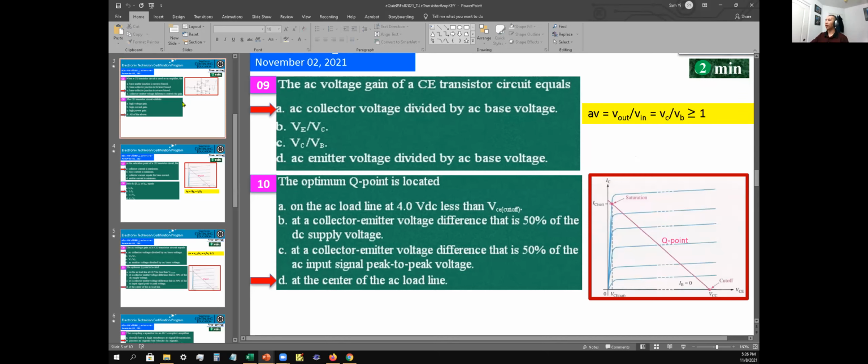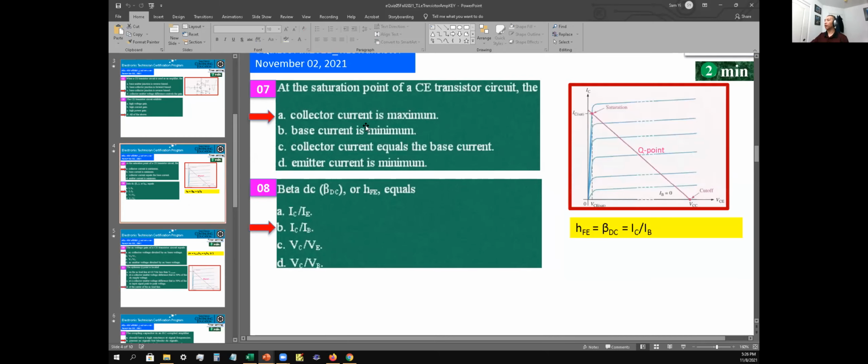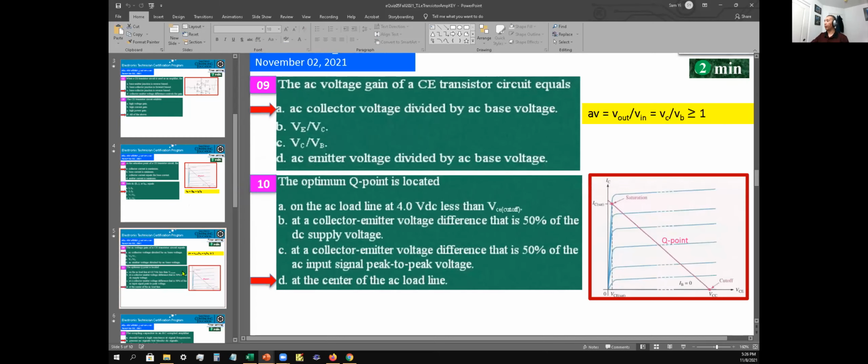That was this circuit right here. Your output is at the collector, your input is at the base. That's how we got that formula. So that's number 9, the gain.